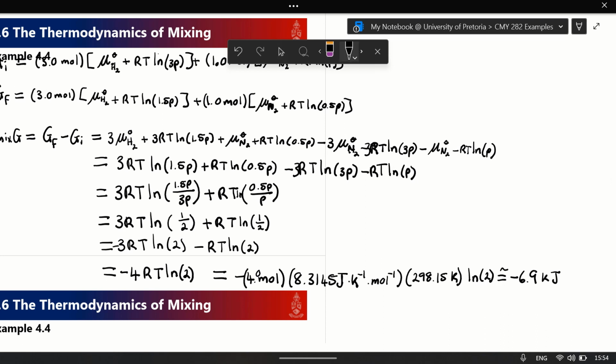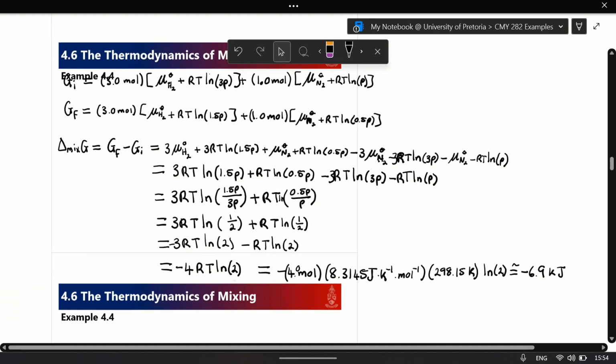Or if you make little errors, just ensure that you pick it up. Yeah. That is it for this example. Of course, I will write it out nicely and neatly in the notes, but this is the full written out way of doing it here.